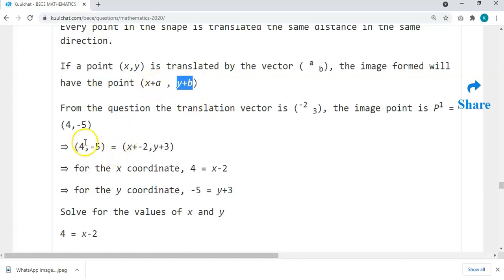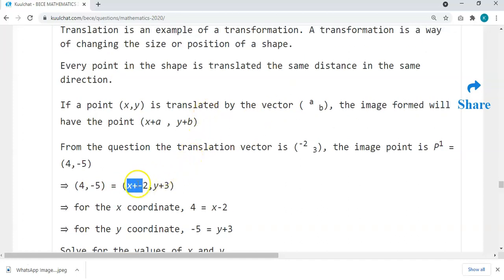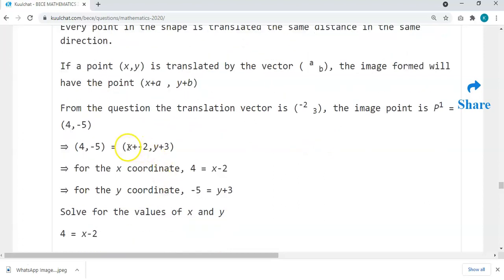So we know our image, 4, negative 5, and the vector is negative 2 and 3. So we have x plus negative 2 and y plus 3. The x coordinate will be equal to the x coordinate, and the y coordinate will be equal to the y coordinate.